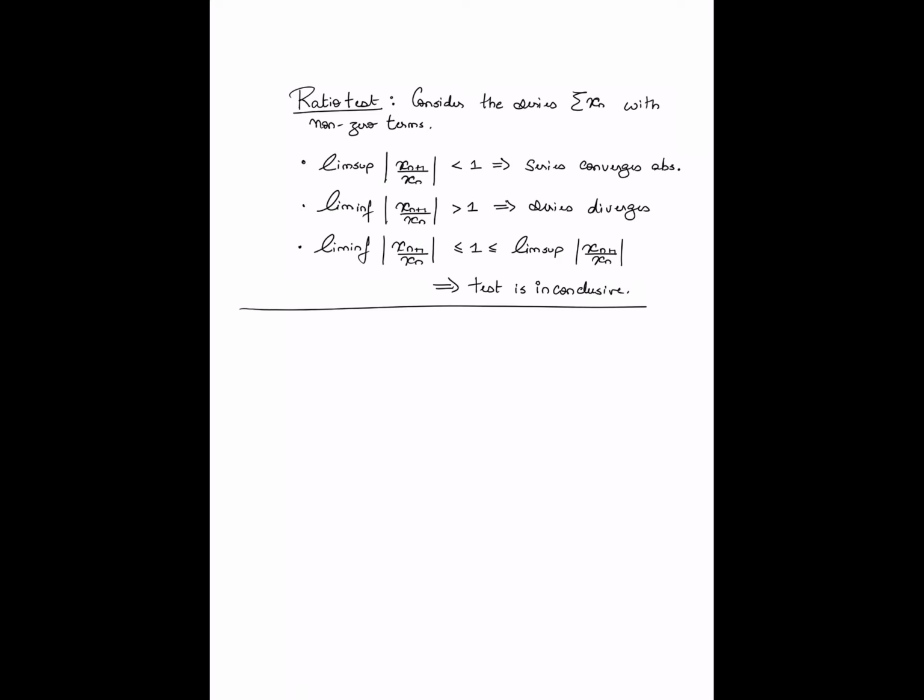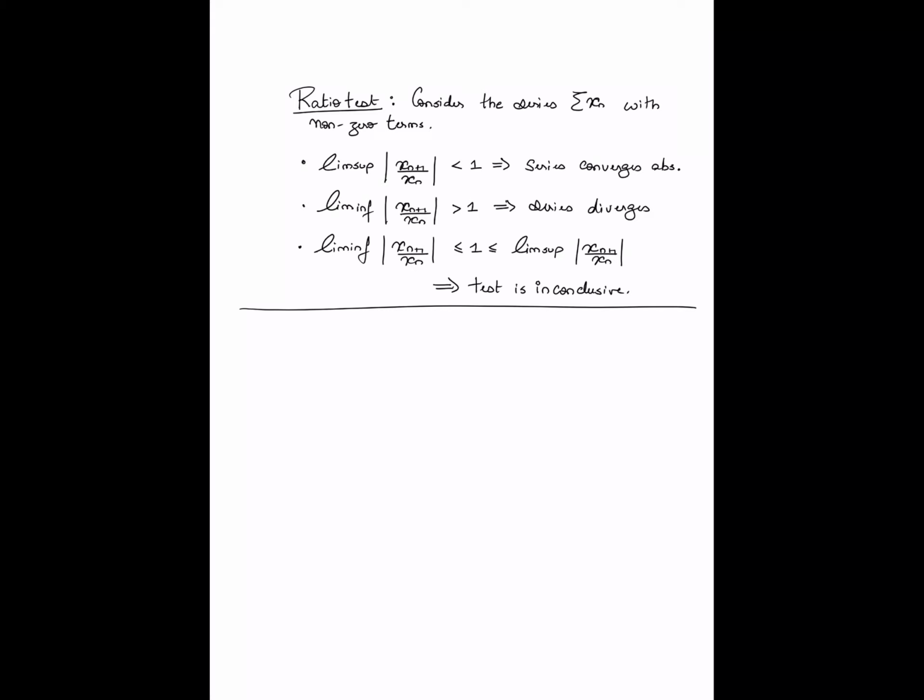In this case, the test is inconclusive. Once having stated the test, it's clear why it's called the ratio test, because you're looking at the ratio of the successive summands of your series. You're looking at the ratio of xn plus 1 by xn, and based on the limiting behavior of the absolute value of that sequence, you are concluding either that the series converges or diverges, unless the lim sup and the lim inf are on either side of 1, in which case the test is inconclusive.